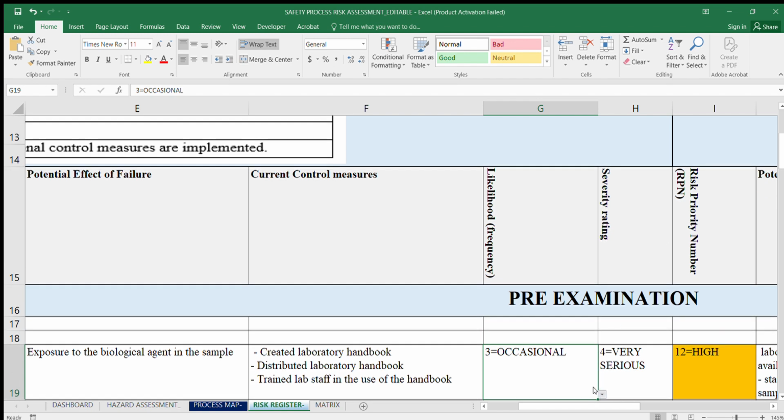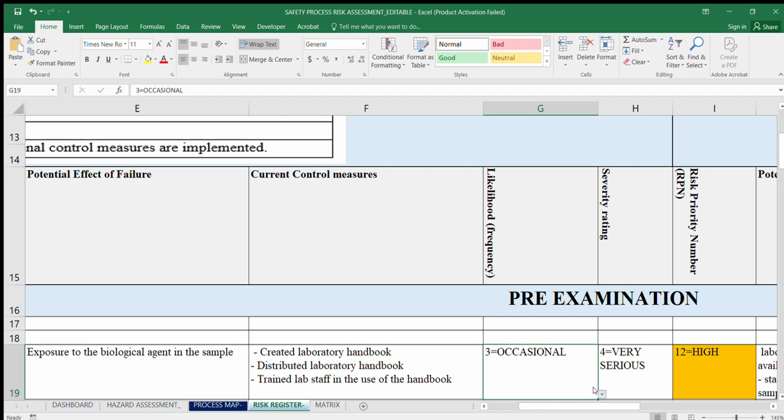Those are the possible likelihood ratings: unlikely, remote, occasional, moderate, and frequent. Interpretations of these ratings were done under the biosafety risk assessment session, so you can rewatch that session and you'll be able to get the definitions of these particular ratings.